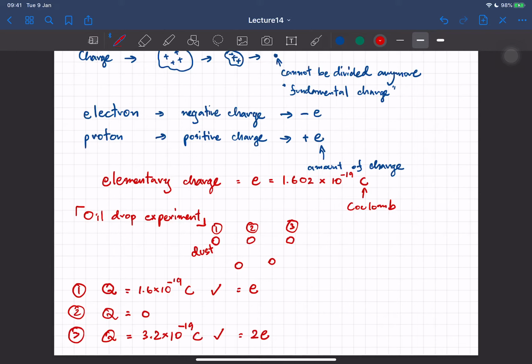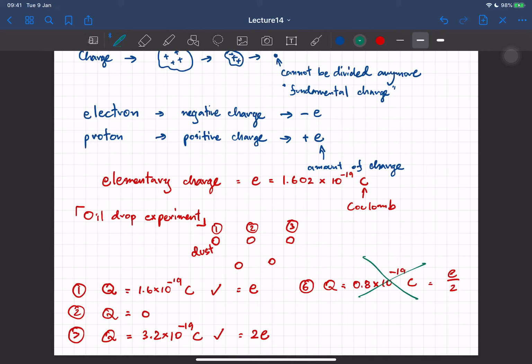Then you repeat the experiment many times, dust number 4, 5, 6, or 100. No matter how many times you repeat the experiment, you will always see the amount of charge to be a multiple of the elementary charge. You will never see, for example, dust number 6 to have Q equal to 0.8 times 10 to the minus 19 coulomb. This is half of the elementary charge.